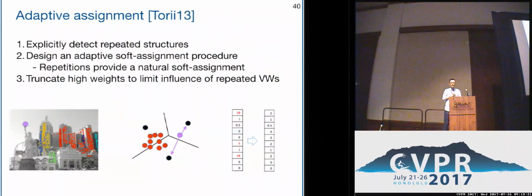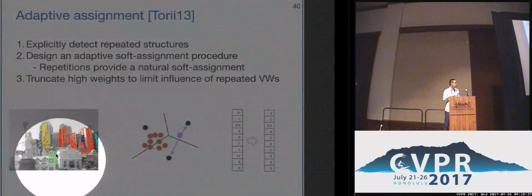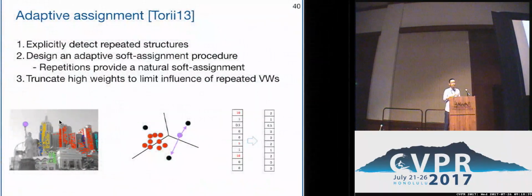On top of these state-of-the-arts, we developed a fusion of these techniques. We call it adaptive assignment. In this method, we first detect repetitive patterns in the image explicitly and group them like this. This can be done using visual word clustering and looking at the spatial position of the features on the image.